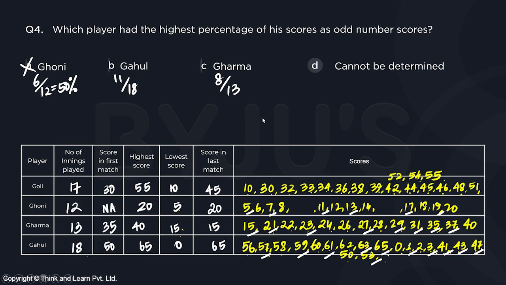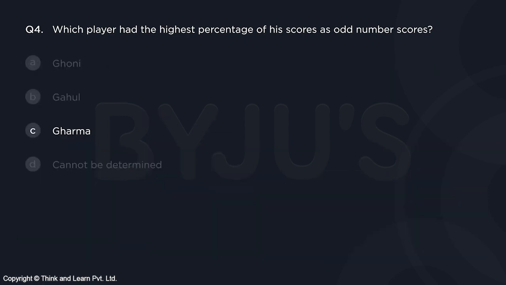So we cross multiply: 13 into 11 and 18 into 8. So 143 and 144. So definitely 8 by 13 is the larger one. I cross multiplied, brought the denominators and saw that the right hand side was greater. So Gharma is going to be better. Option C will be the answer.